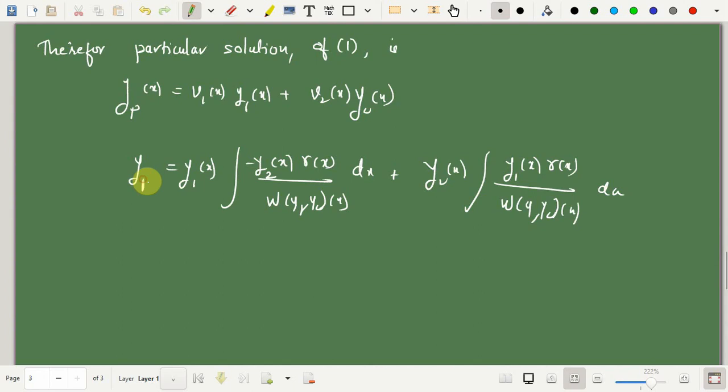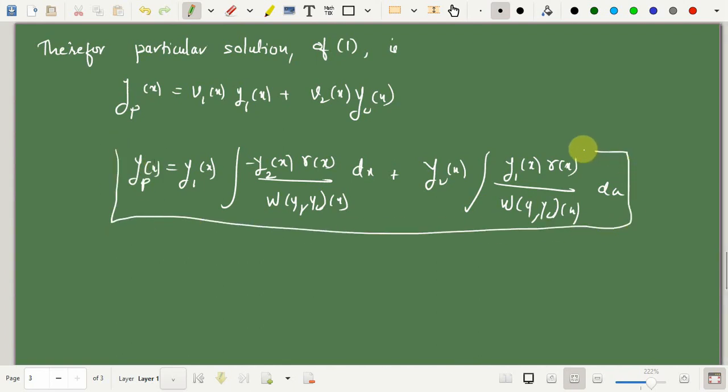So that's your yp of x. Once you know this, then you can find the general solution of the non-homogeneous differential equation. That is nothing but the sum of yp plus the general solution of the homogeneous differential equation.